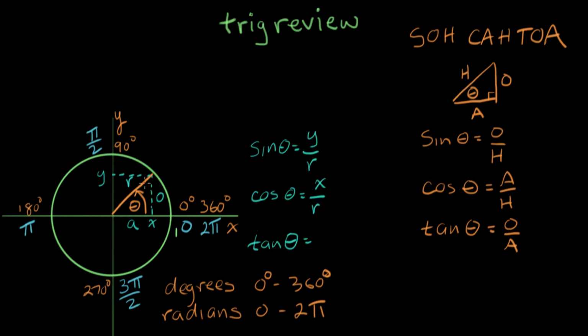It's opposite over adjacent. So it's opposite, which is the y distance, over x, the adjacent. Now, one thing to notice here about tangent, y over x is the rise divided by the run, going from this point up to this point. So that is the slope. So the idea of slope and the idea of tangent are really closely related.